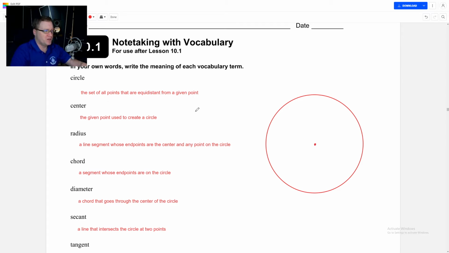Next, let's talk about radius. What is a radius? Well, a radius is a line segment whose endpoints are the center and any point on the circle. So right now in blue, I'm going to draw a radius. How do we do it?